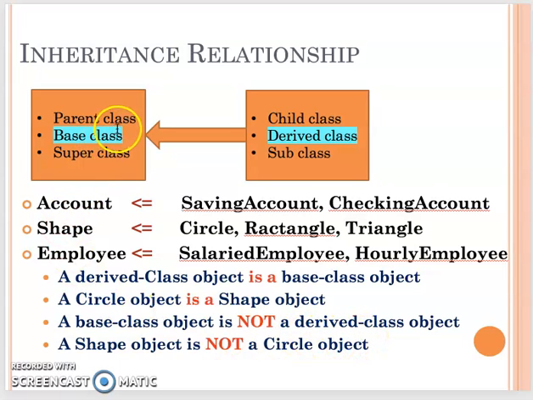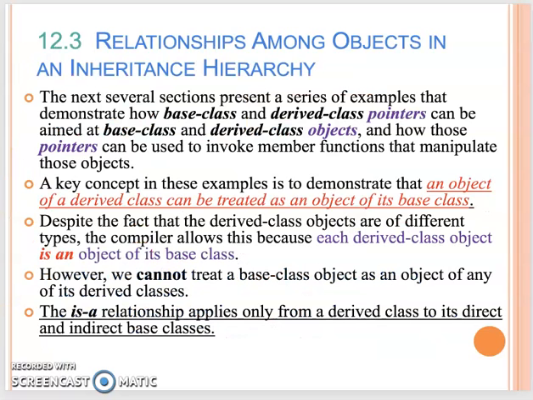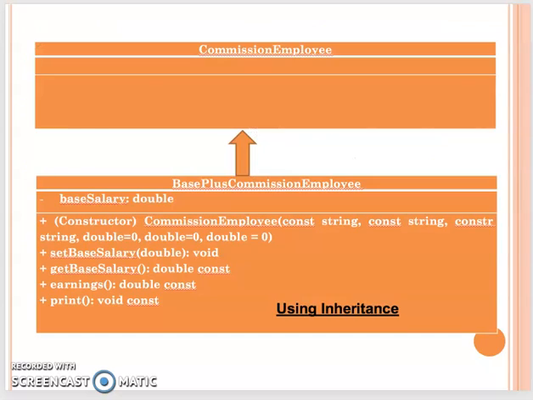In order to show you the polymorphism relationship, moving forward we want you to use the example from the end of last week. Do you remember last week we had our commission employee? Because the base plus commission employee has both commission and a base salary, we made the base plus commission employee inherit from the commission employee class.